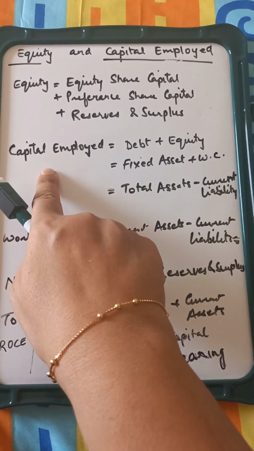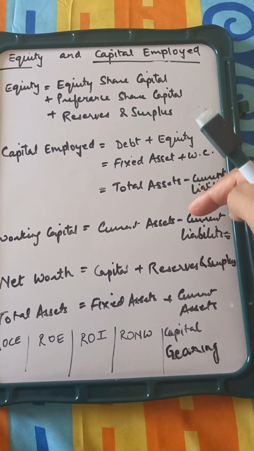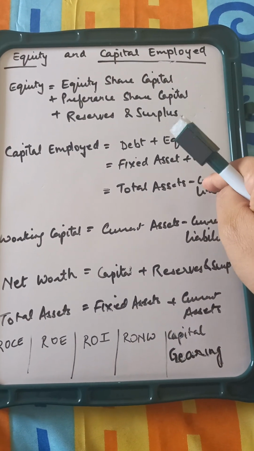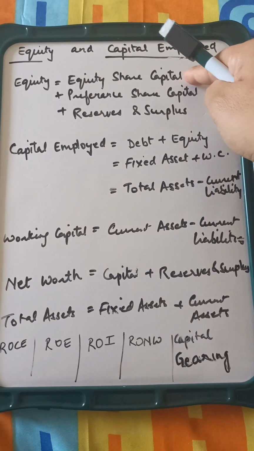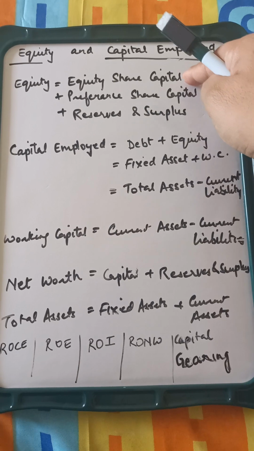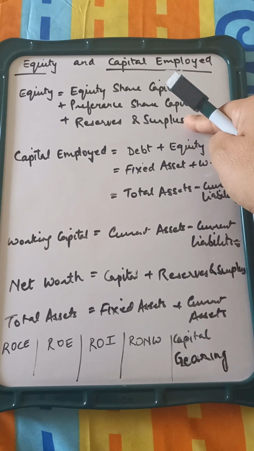So for capital employed, these are the terms that can be interchanged for each other, but this should not be interchanged for equity. Equity is nothing but your equity share capital plus preference share capital plus reserves and surplus.